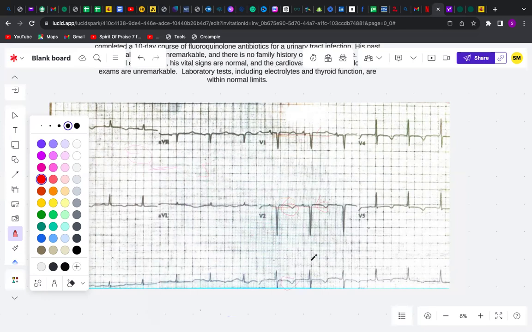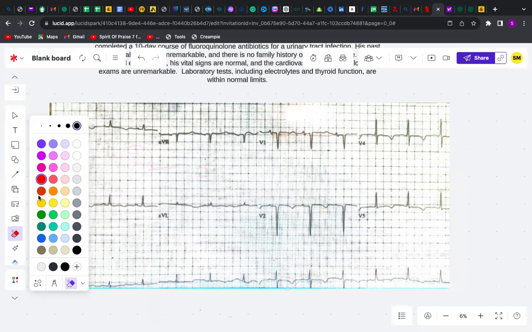I looked at it carefully and I realized that the QT is prolonged. I don't know if you can pick that up.